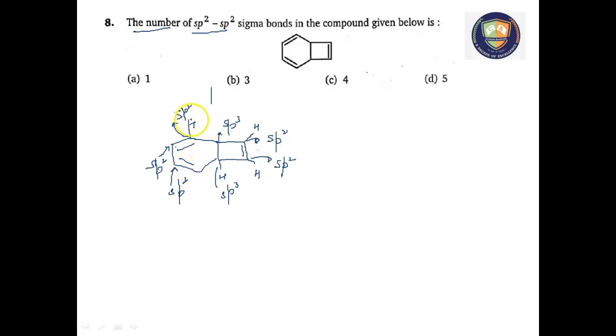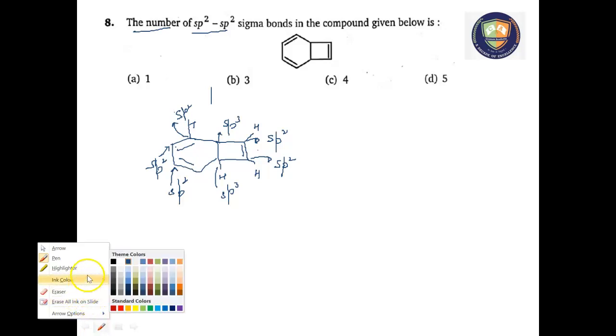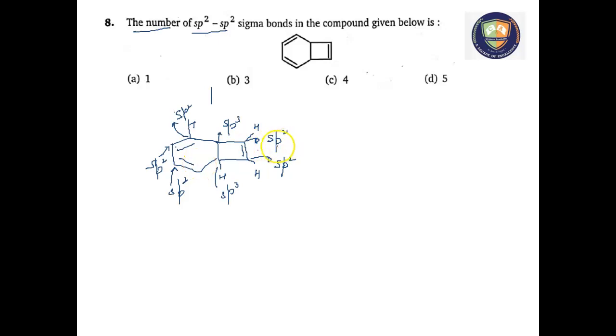And now you have to tell how many sp2 sigma bonds are present here. Number 1 will be this carbon bond, sp2 hybridized. Next we have this sp2, this also sp2, so number 2. Number 3 will be this bond.